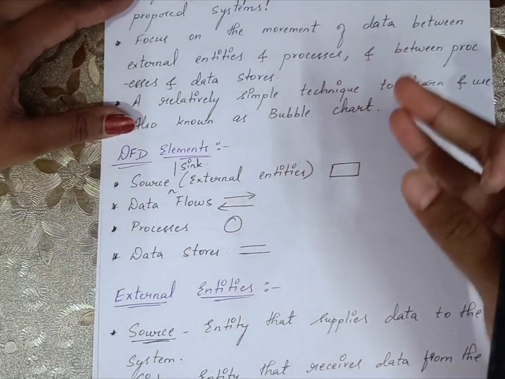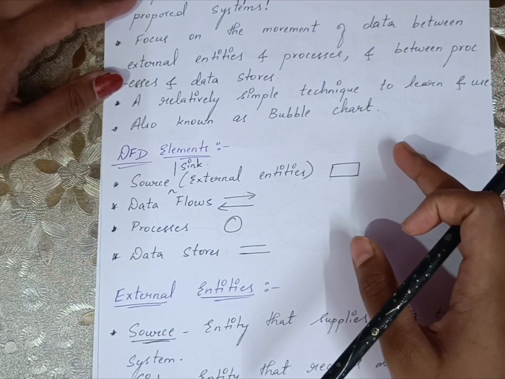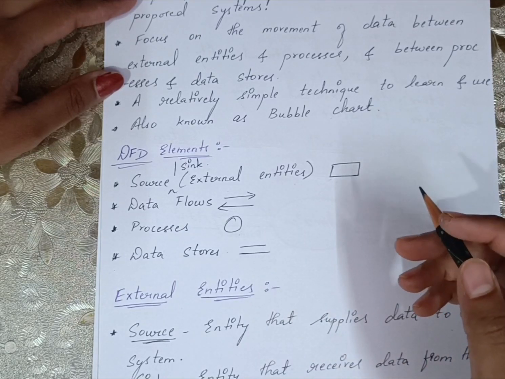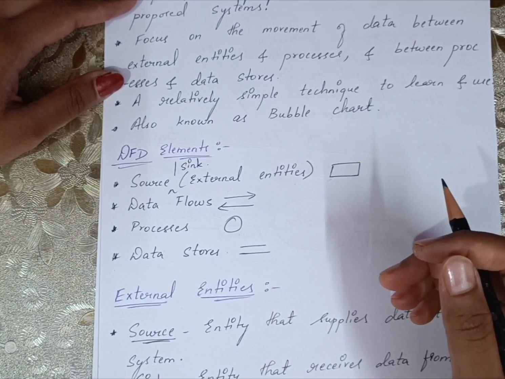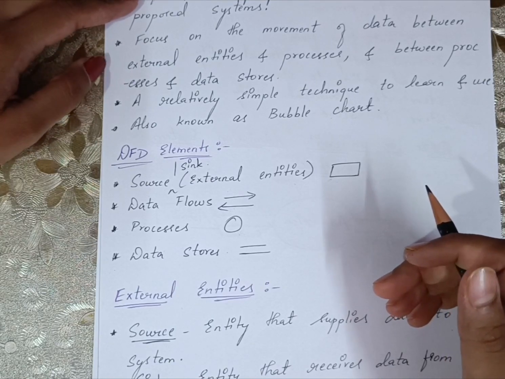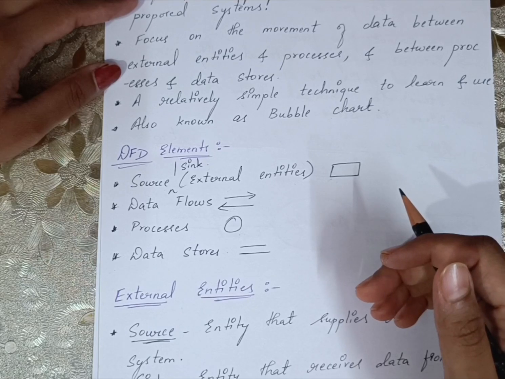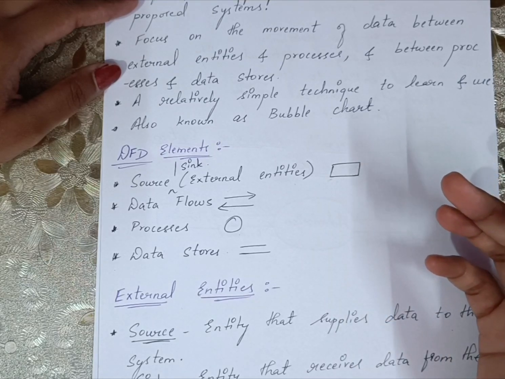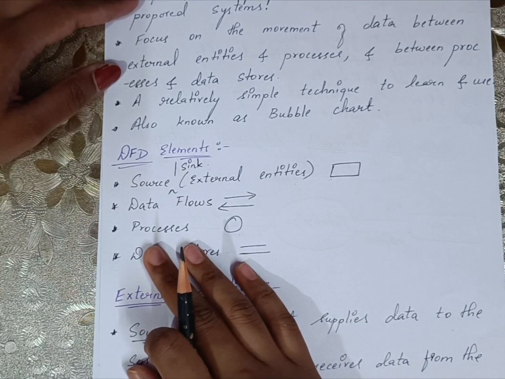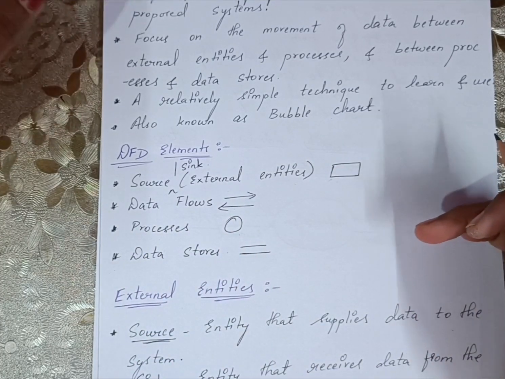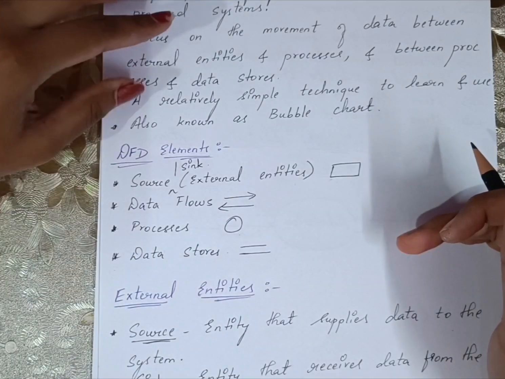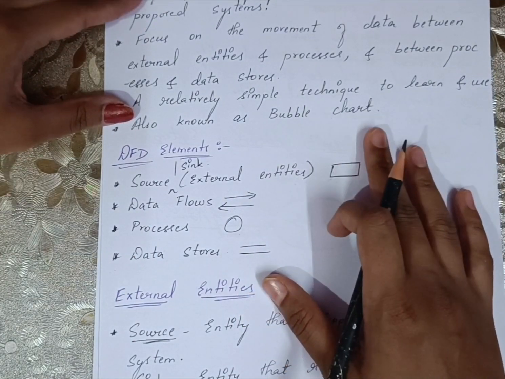In order to fulfill the admission application form, procedures have to be taken, like an entrance test will be done, and then various procedures will be there. That is nothing but processes, which are the actions or functions that take place within the particular application.